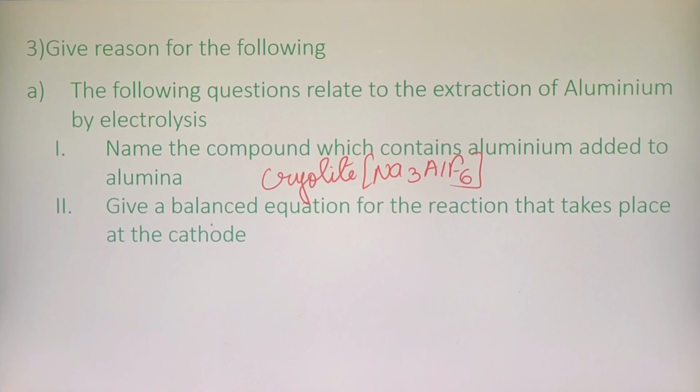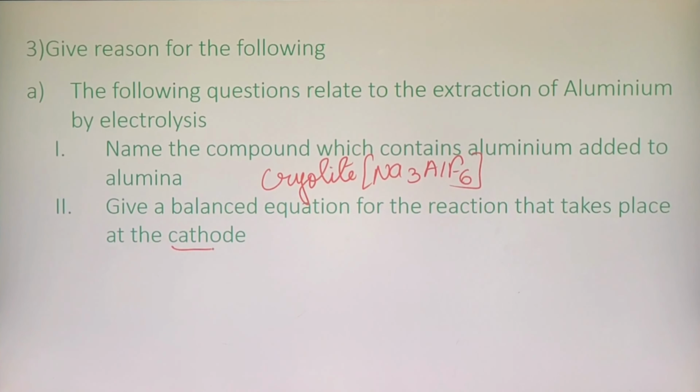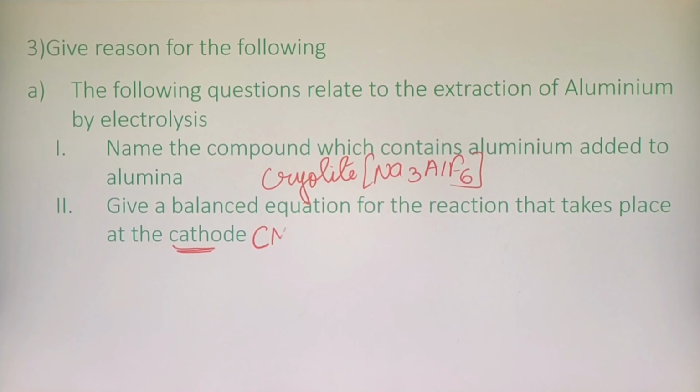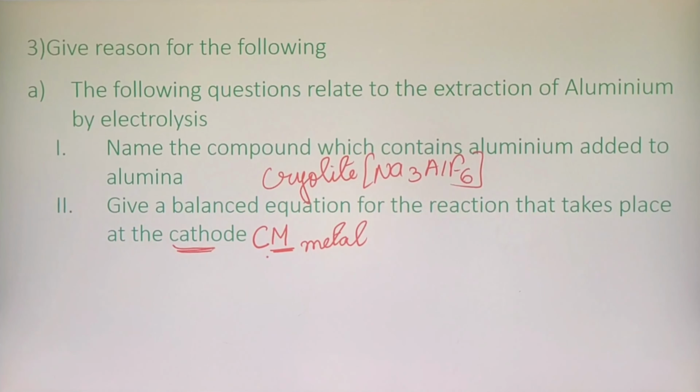Next question. Give a balanced equation for the reaction that takes place at the cathode. Always remember, at the cathode my metal is going to be deposited. So what is it that you have to remember, children? At the cathode, my metal is going to get deposited.